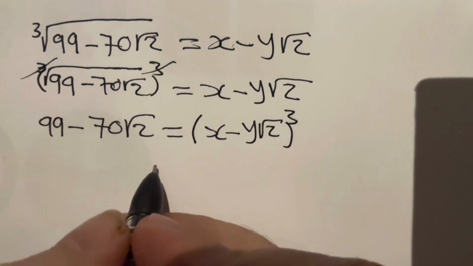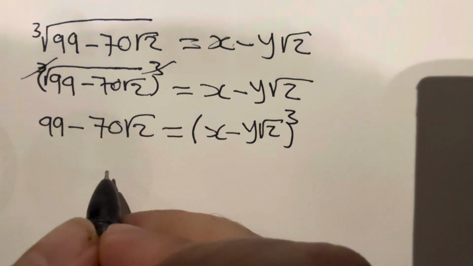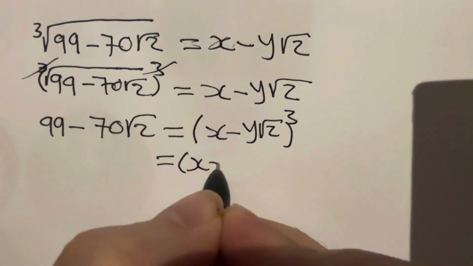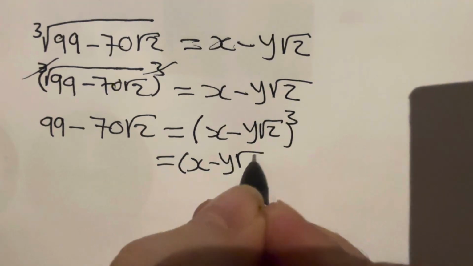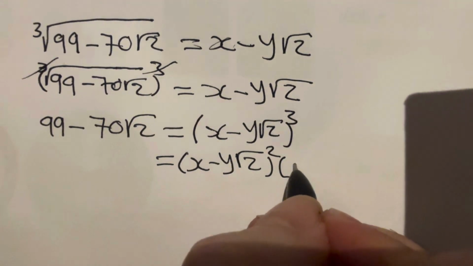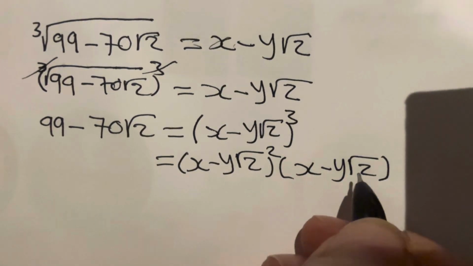This is the same as x minus y root 2 squared times x minus y root 2.